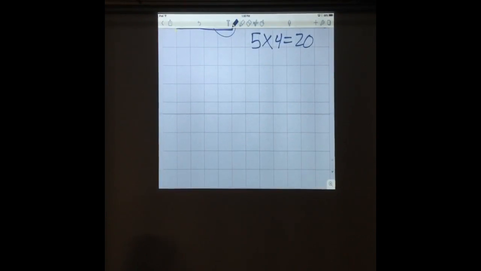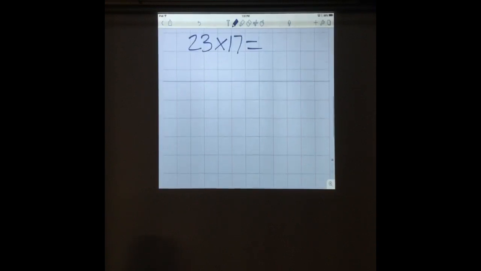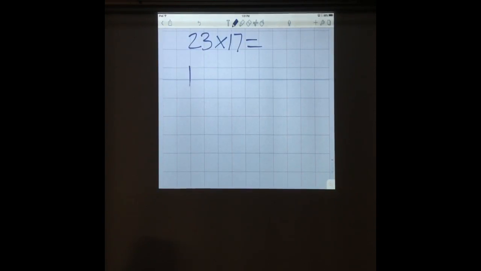Let's say we have 23 times, let's make it 17. Well, we could use our area model to do the same thing, except we're not going to draw out 23 times 17, because 23 spaces down here would take a lot of room, wouldn't it?